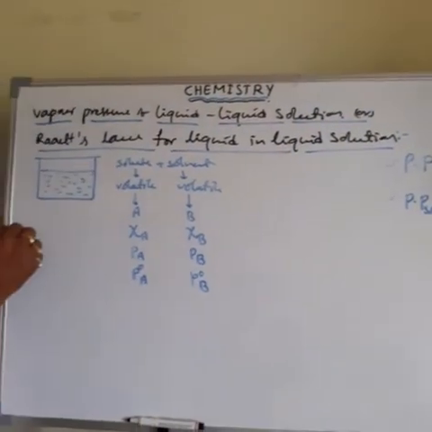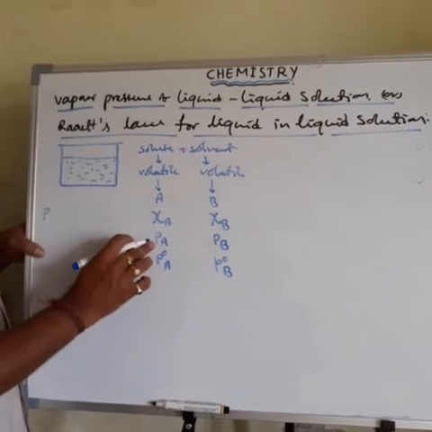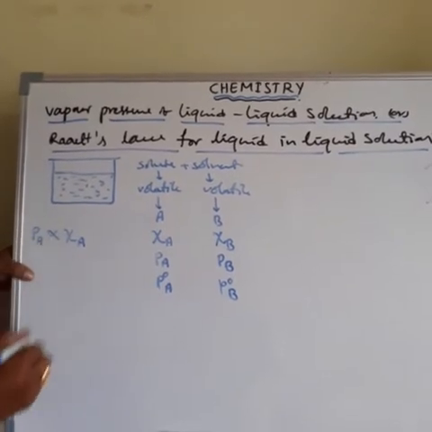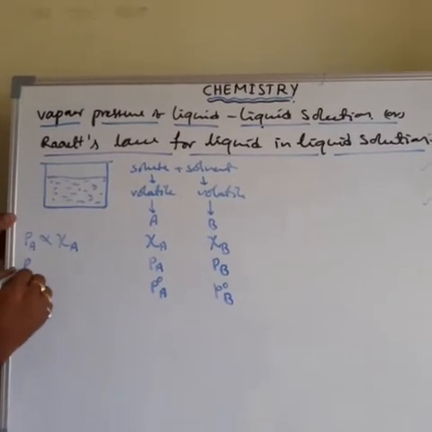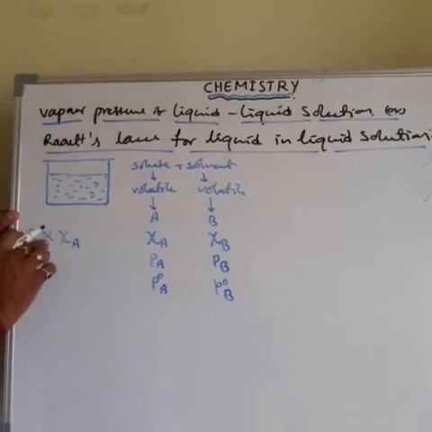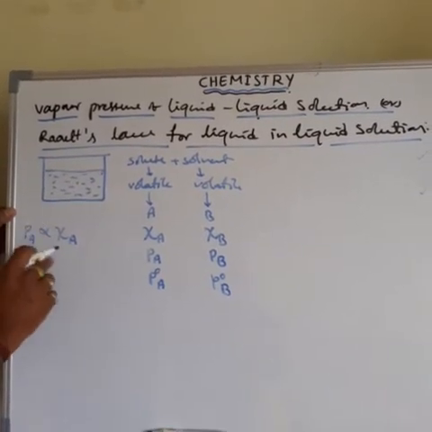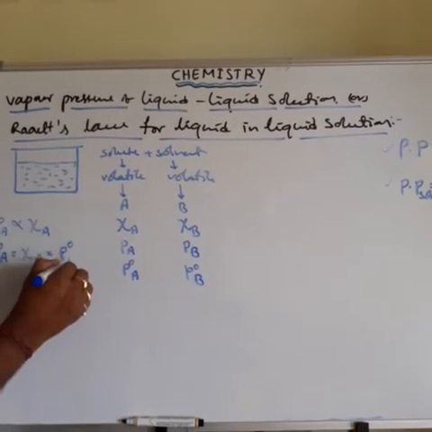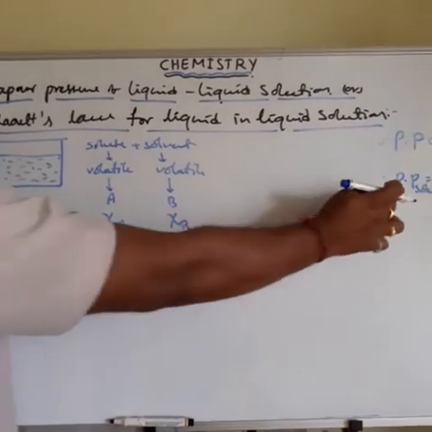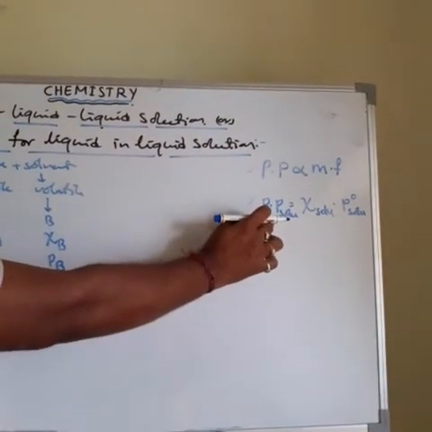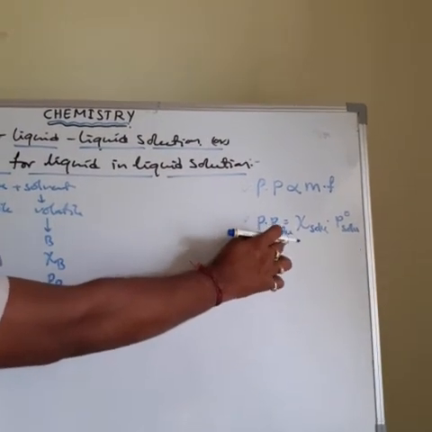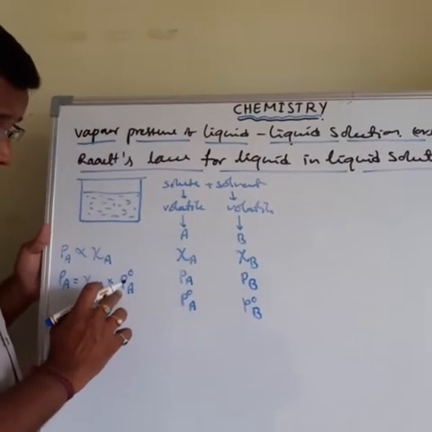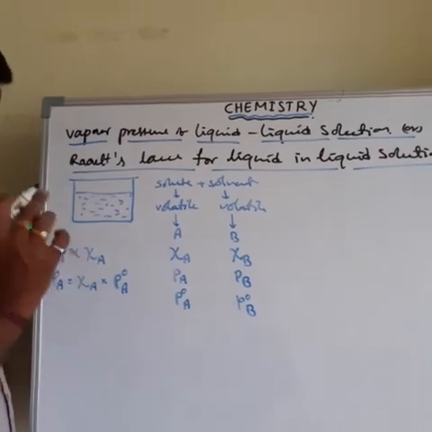The partial pressure of the solute, PA, is directly proportional to its mole fraction Xi A. Removing the proportionality, we take a constant, that constant is P naught A, so PA is equal to Xi A into P naught A. That is the second statement: the partial pressure of the component in the solution is equal to its mole fraction in solution multiplied by the vapor pressure of that component in the pure state.